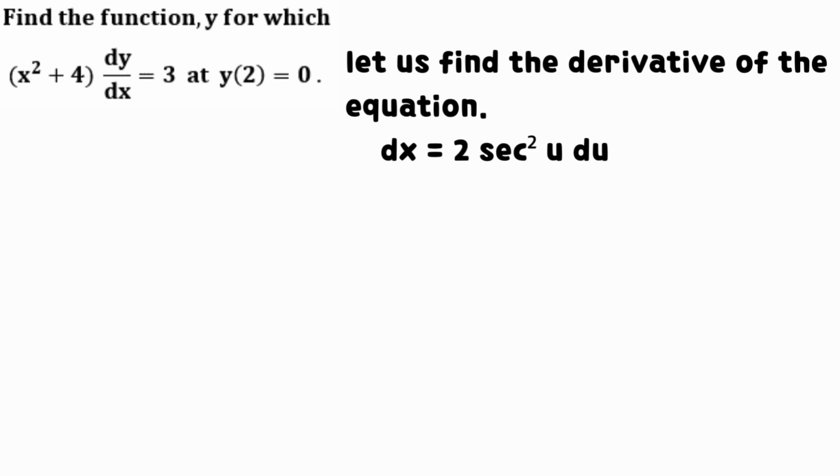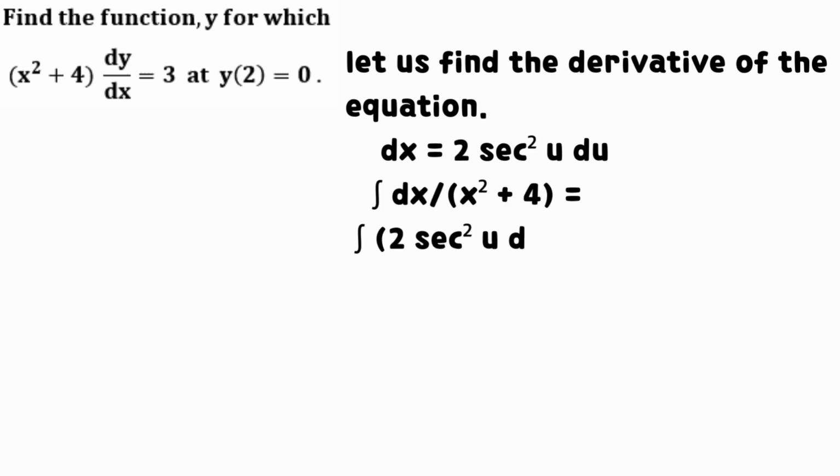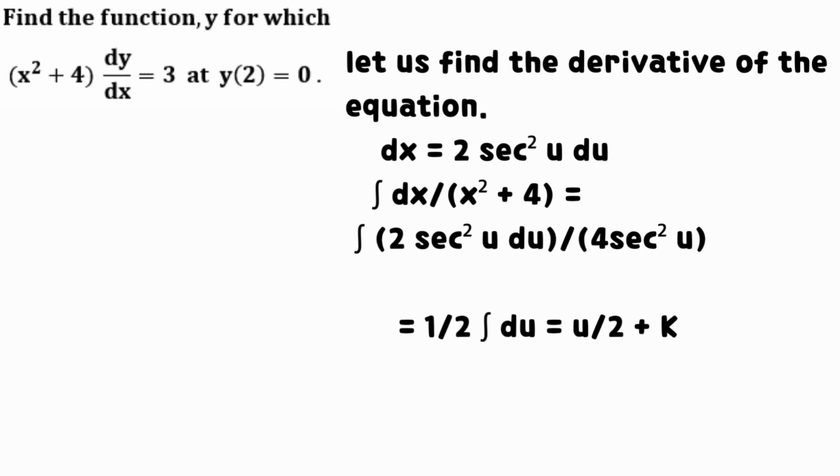Let us find the derivative of the equation. dx equals 2 times secant square u du. Substitute this in the given integral expression and integrate them. We have the sum of half of u and a constant term, k.